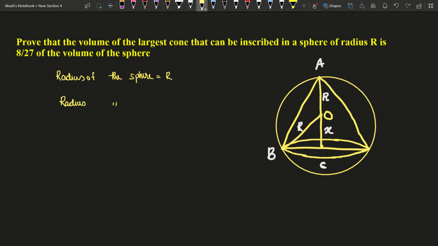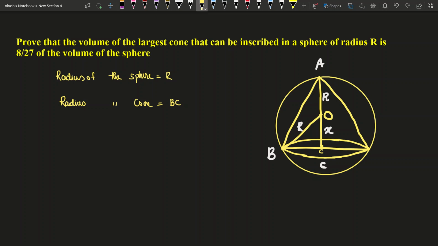The radius of the cone is BC, where C is this point. OC is the distance from the center of the sphere to the center of the base of the cone. We just assume it as x.